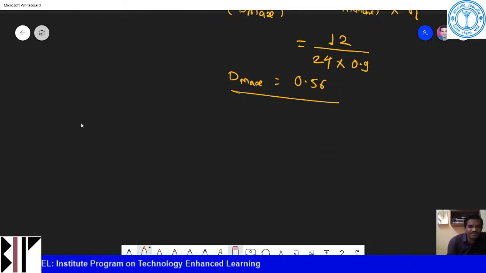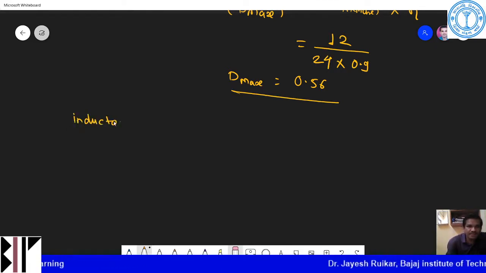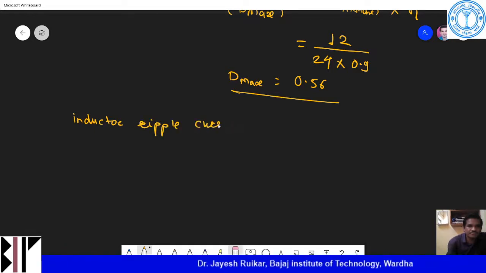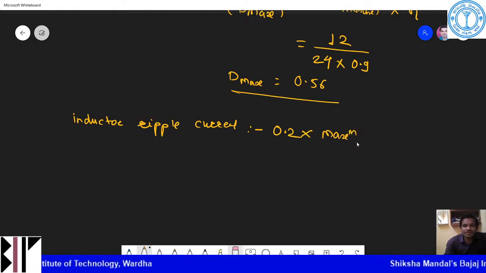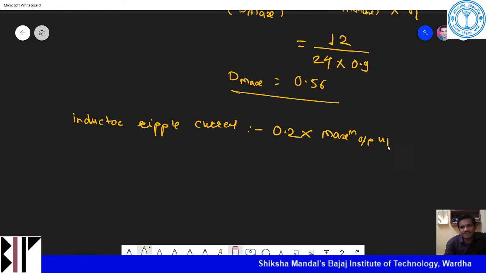The next calculation is to find the inductor ripple current, which will be calculated as 0.2 times the maximum output current.